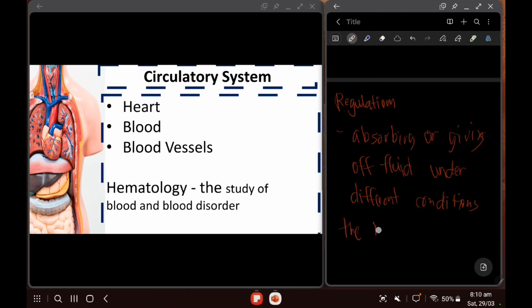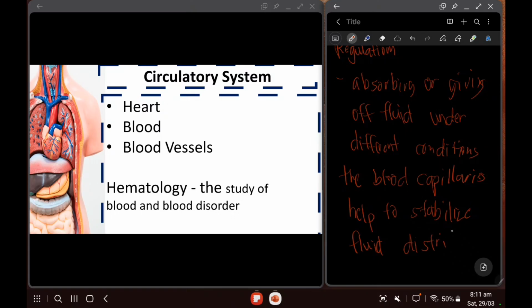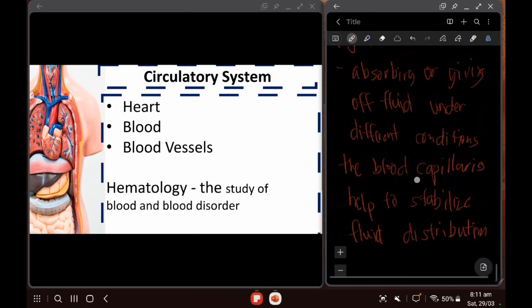The blood capillaries help to stabilize fluid distribution in the body.